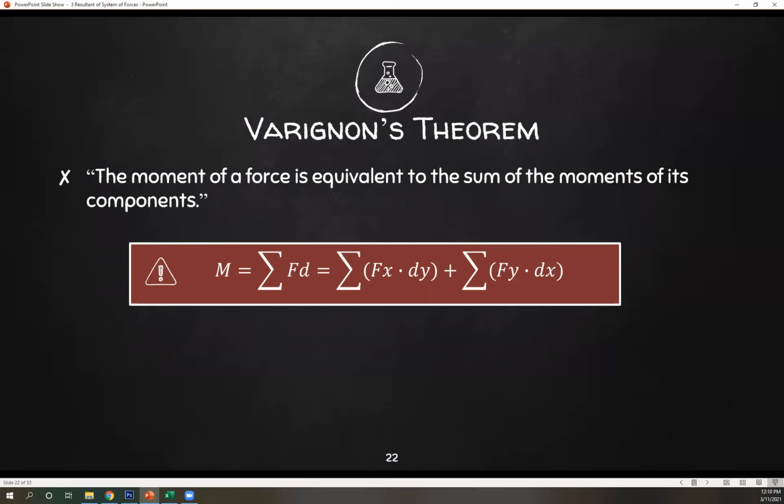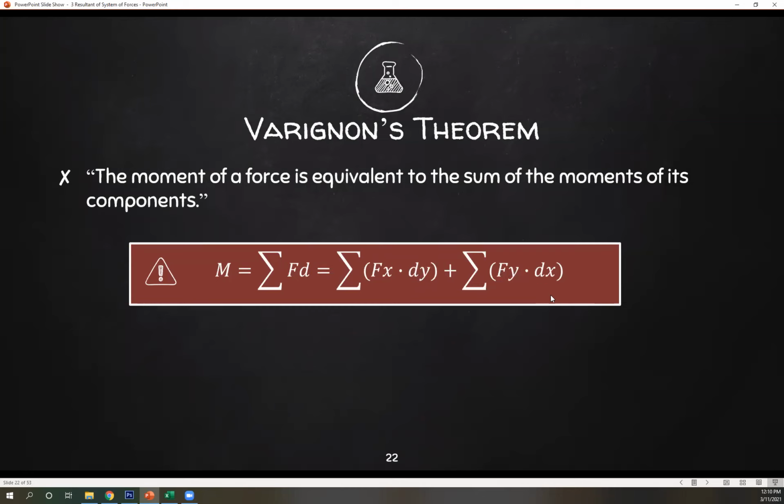Just take the perpendicular distances of Fx and Fy, which are just the y and x distances respectively from your arbitrary point O. So in equation form, M is equal to the summation of forces and their distances, and this D again is the perpendicular distance. If you don't know that, you're going to use its components: summation of all forces X and their respective distance Y from the point, plus summation of forces Y and their respective distance X from the point.